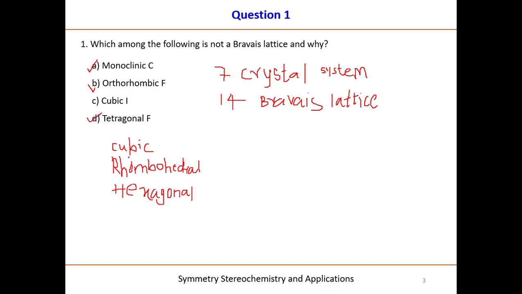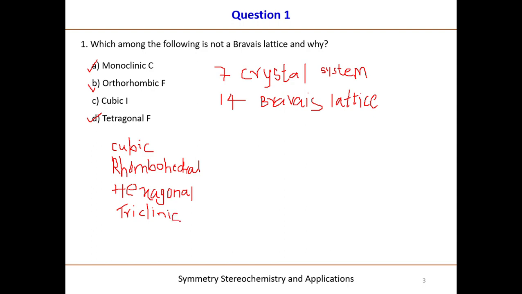Cubic I have already written. So 3, 3, 6 and 1 is remaining here. What's remaining? That is triclinic.